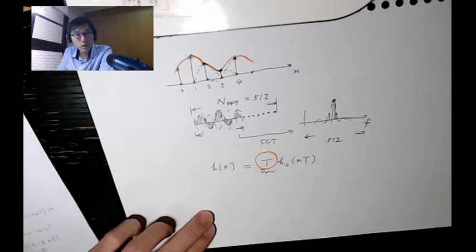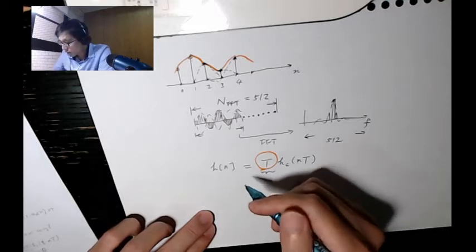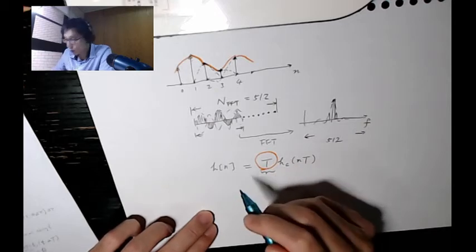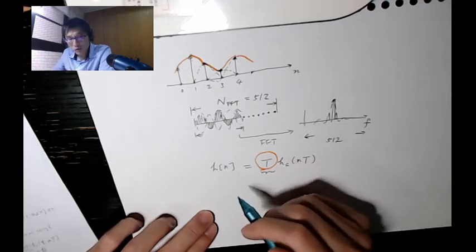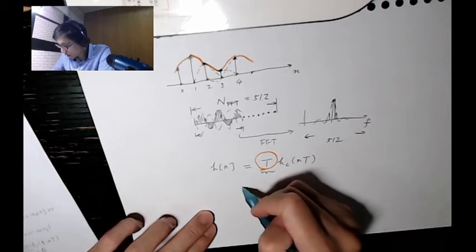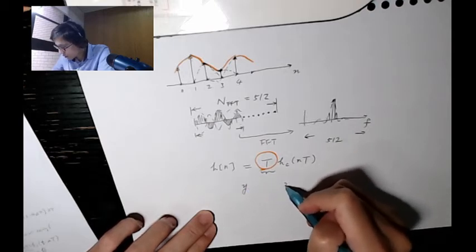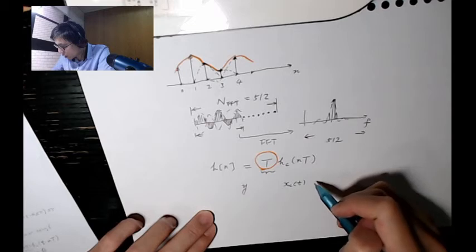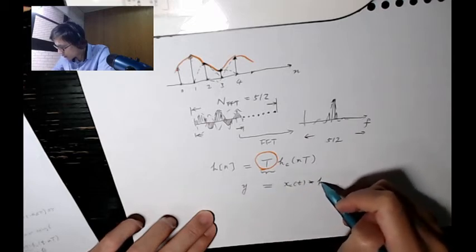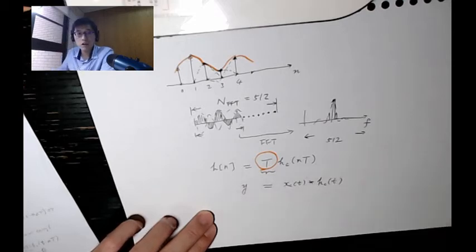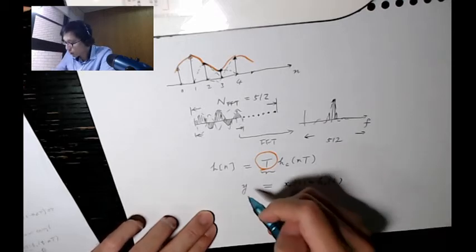The unit, 单位. What do I mean by the unit? So let's say we have a signal x of t, and we are going to convolve it with an impulse response, which is h_c of t. In the continuous time domain, we call the result y_c of t.